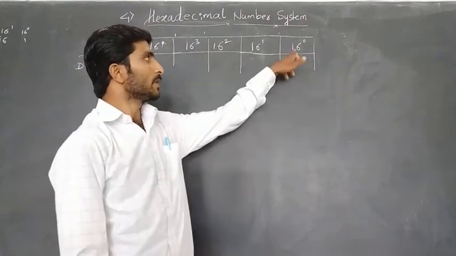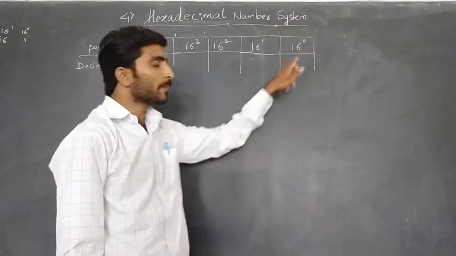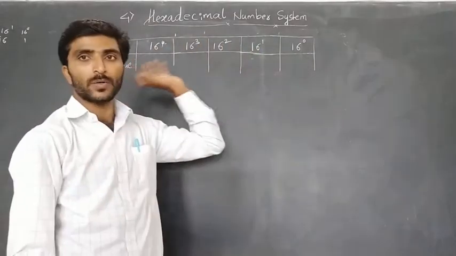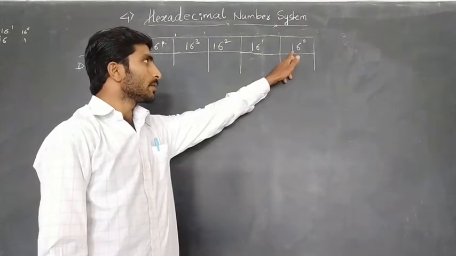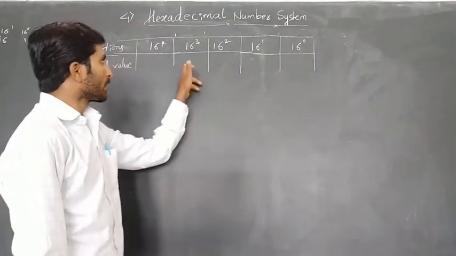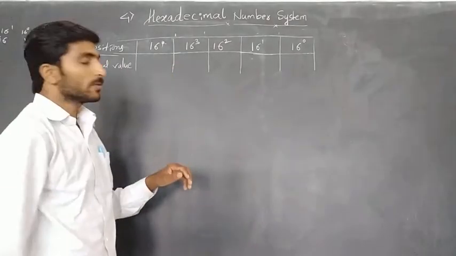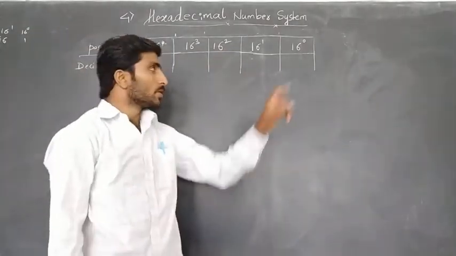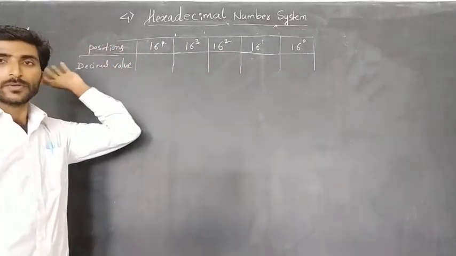The power starts at 0, then 16 to the power 1, 2, 3, and so on, depending on how many digits you have. These are the place values I am writing here. These are the decimal values or place values, and these are the positions of the hexadecimal number system: first digit, second, third, fourth, fifth, and so on.